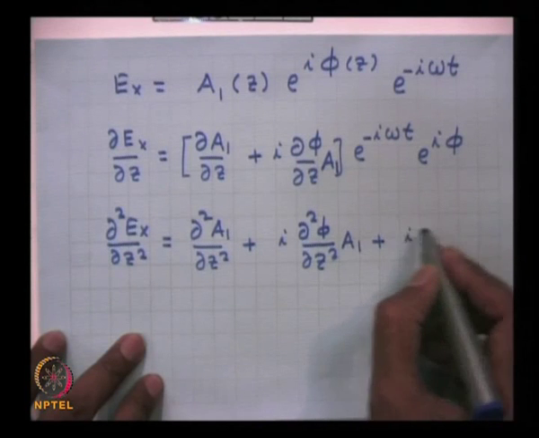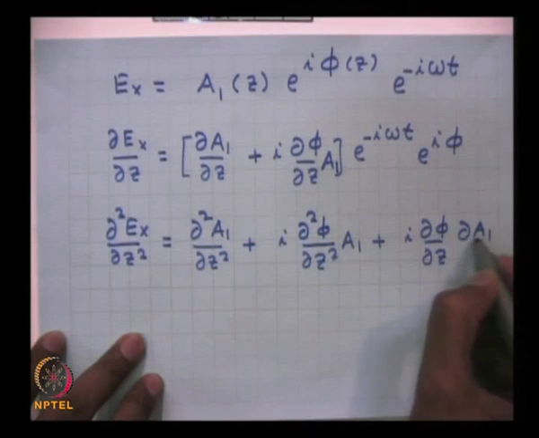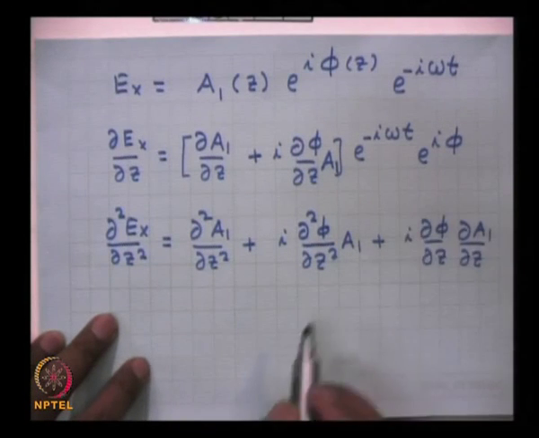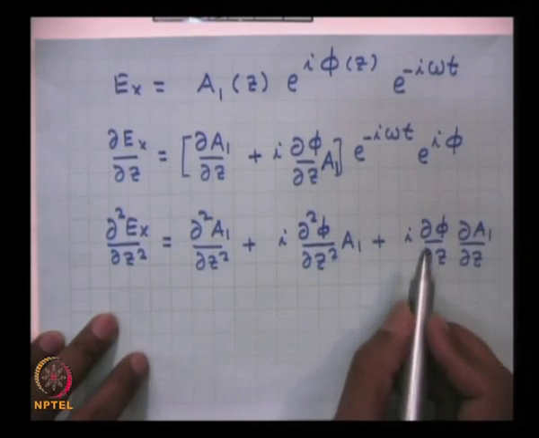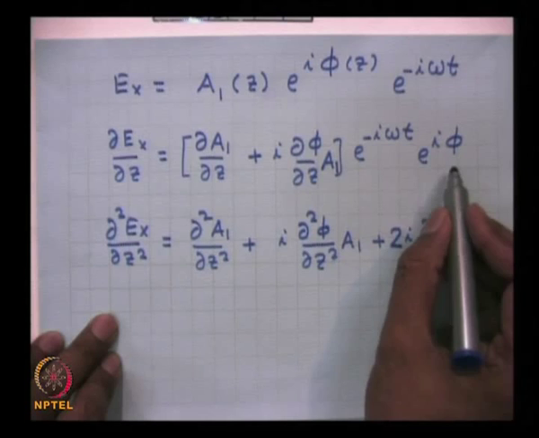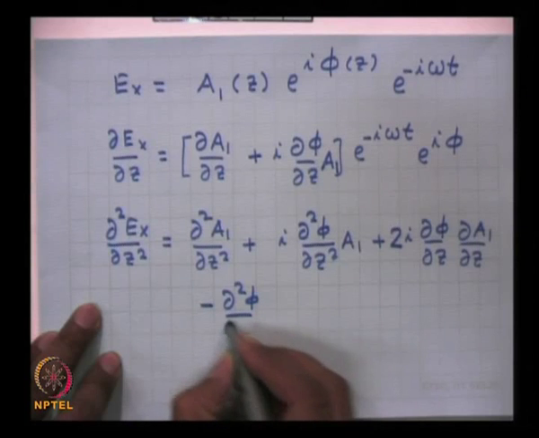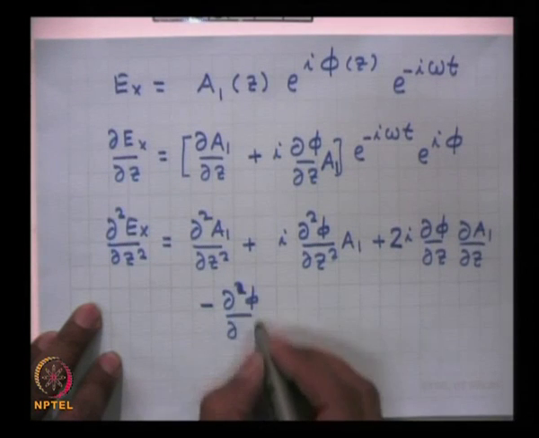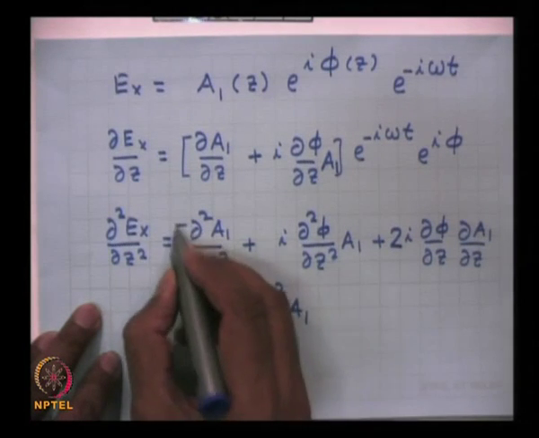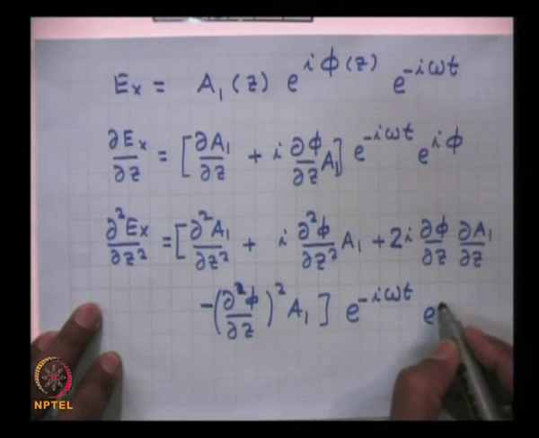Plus I will get I delta phi by delta Z into delta A1 by delta Z. Then you start differentiating the exponential term. So you will get I delta phi by delta Z into this term, so it becomes 2 times, and then you multiply the differential coefficient of this with this term, so you will get minus delta phi by delta Z whole square into A1 multiplied by the exponential terms, exponential of minus I omega t into exponential of I phi.